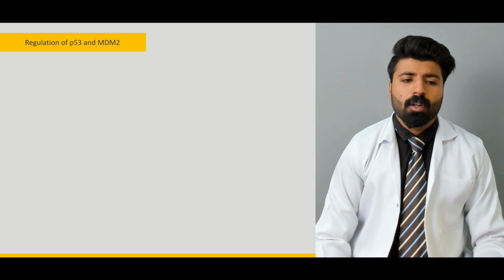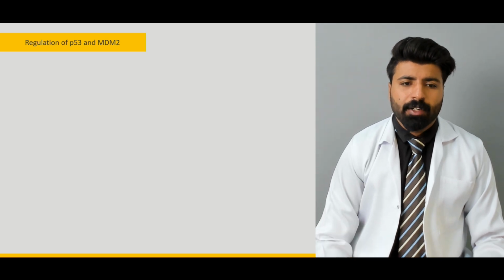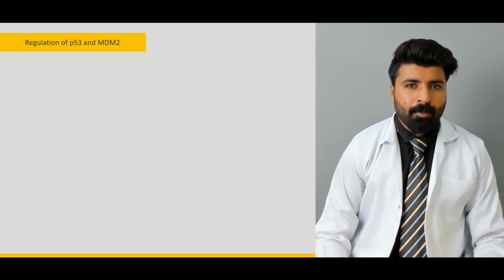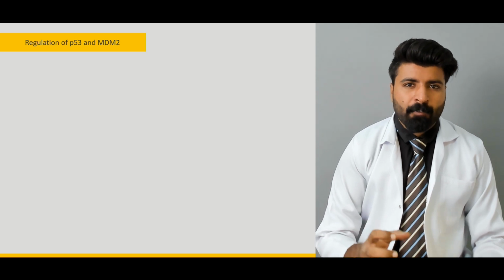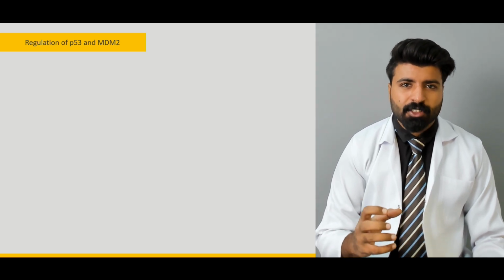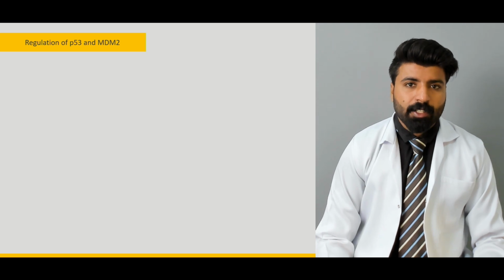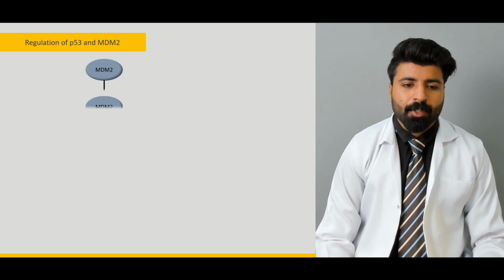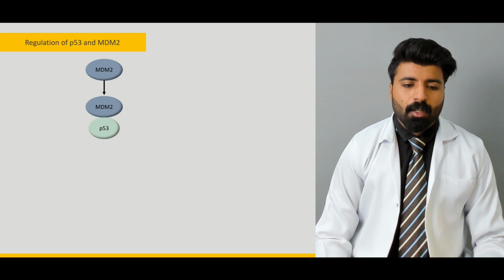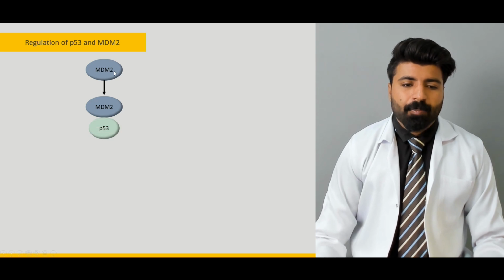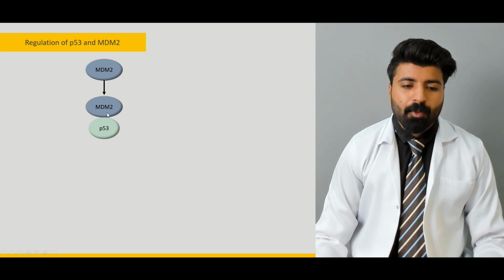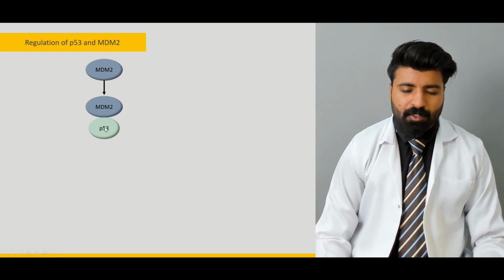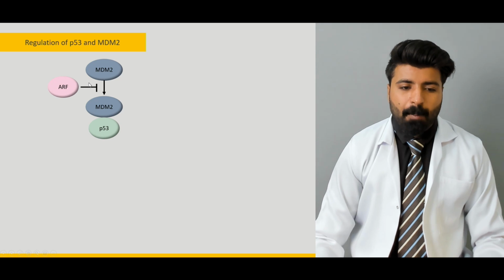Next on, how P53 is regulated and what is MDM2. We talked about MDM2 and P53, they're antagonists, they're going to cancel each other's effect. Now let's talk in detail about what is actually happening. So MDM2 is present whenever there's an increased amount of P53. Now MDM2 is going to attach itself to P53 with the help of ARF.